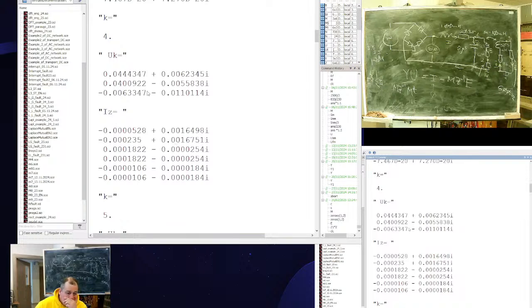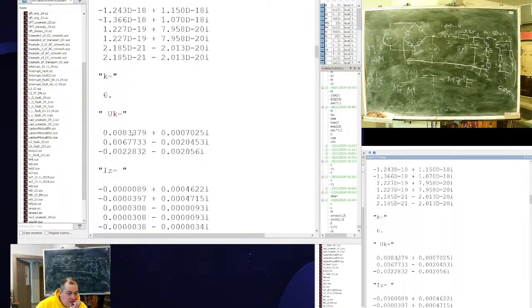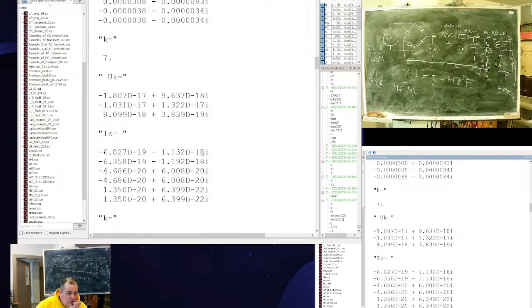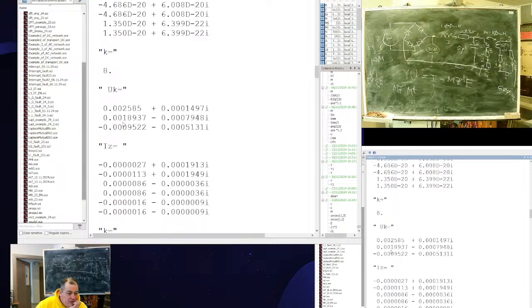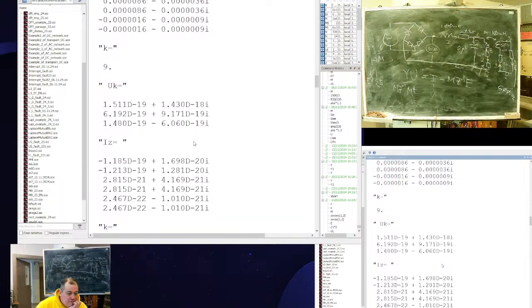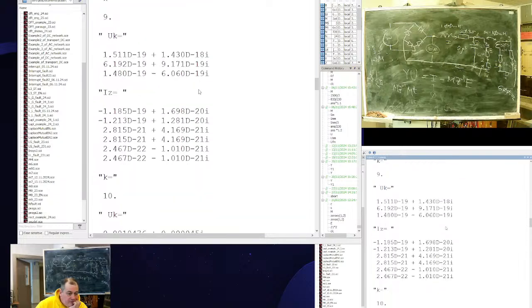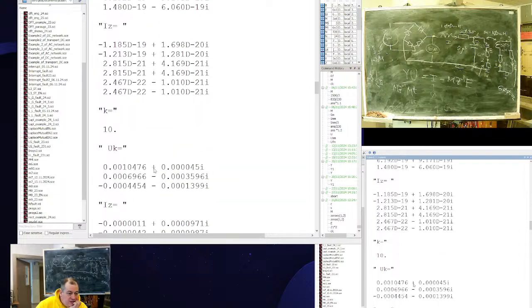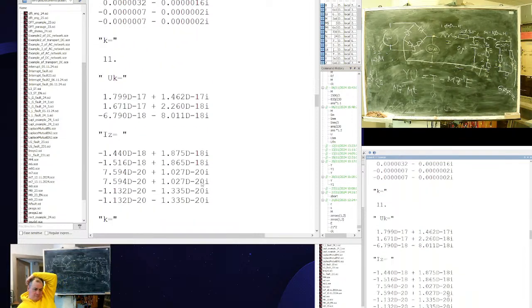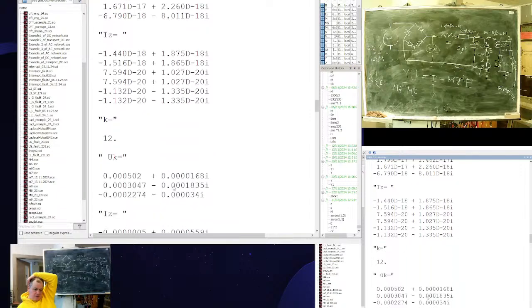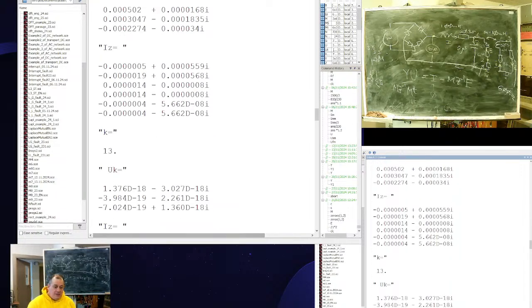Zeros. Number 4, got voltages. Number 6, got voltages. Number 8, got voltages. Number 9, nothing. 0, got voltages. Works. 12, something. Yeah, it works. I got the set of voltages and branch currents.